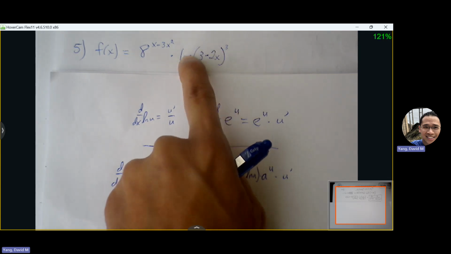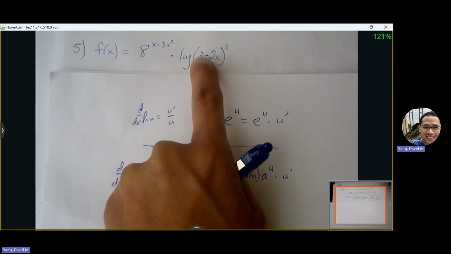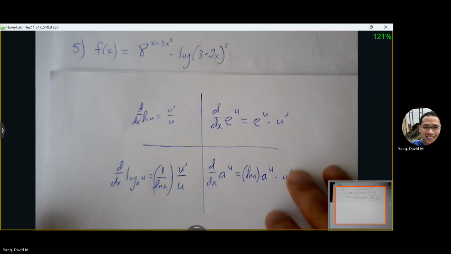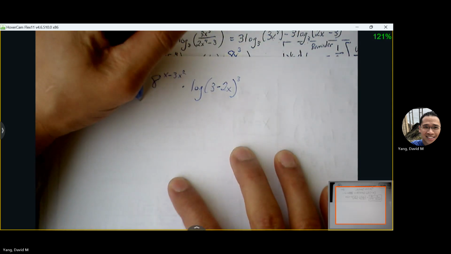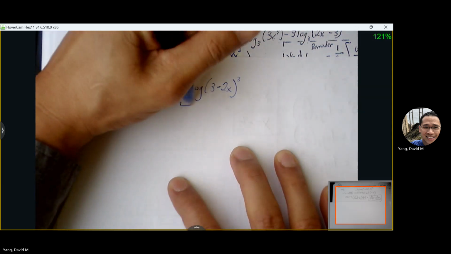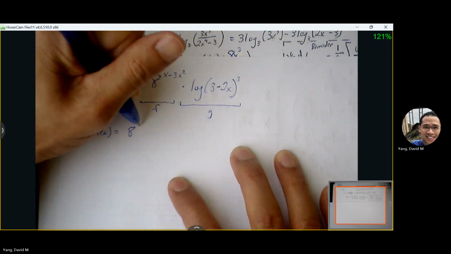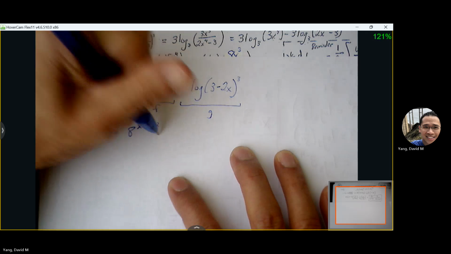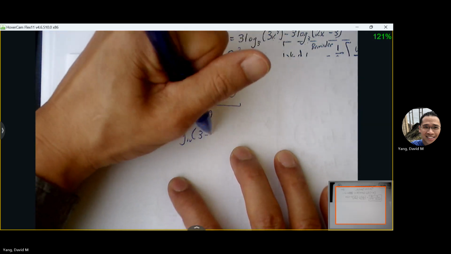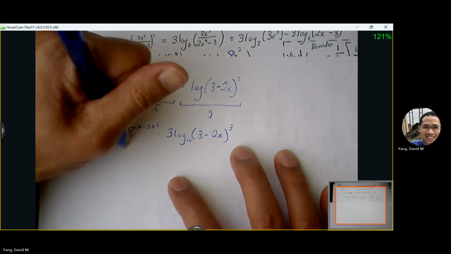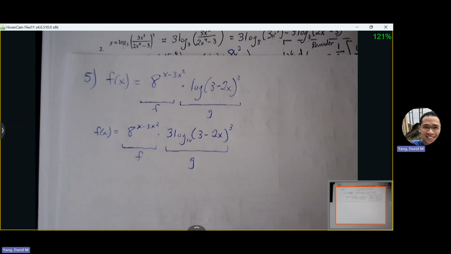We know that 3 can come down in front of the log to get it ready for its derivative. Oops, that 3 is now over there.